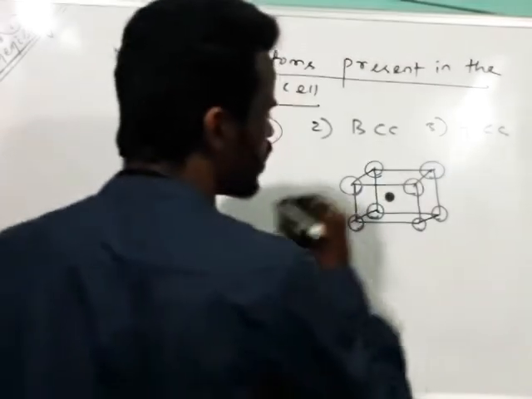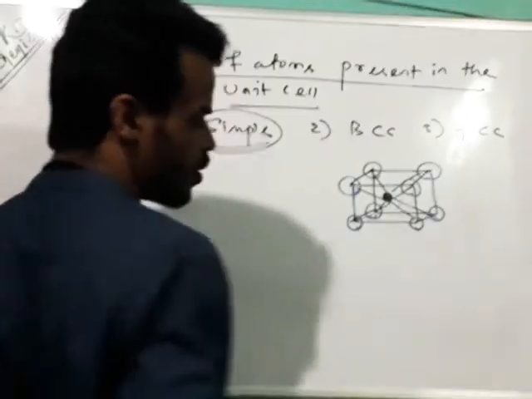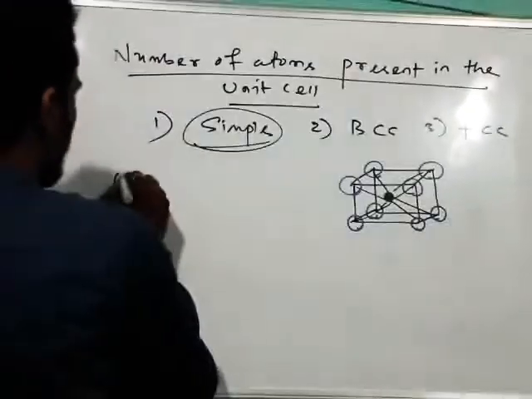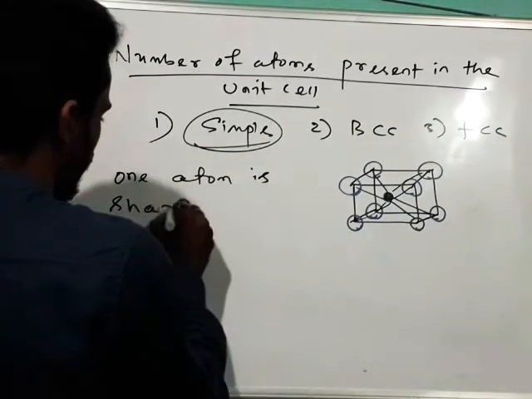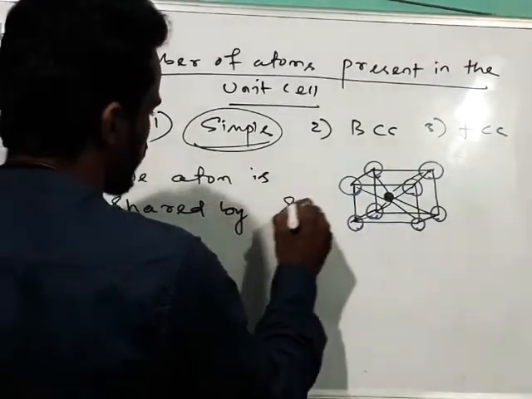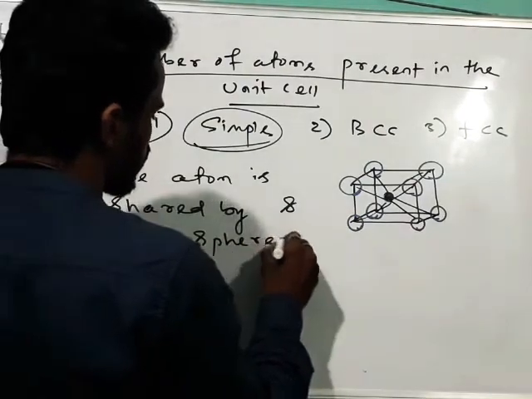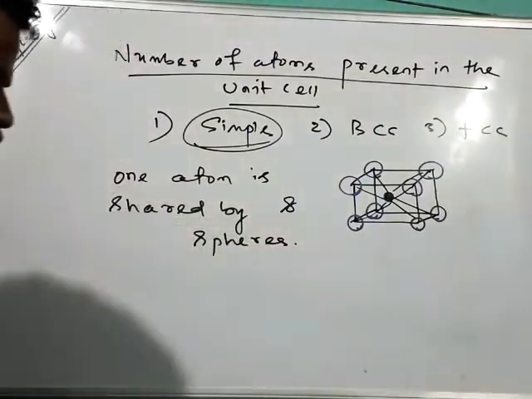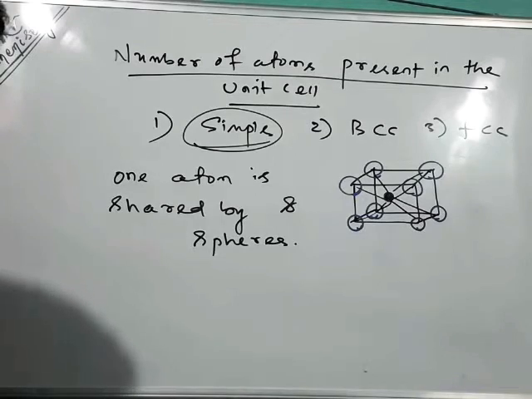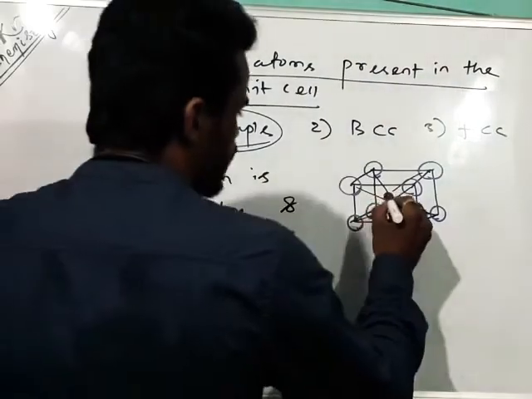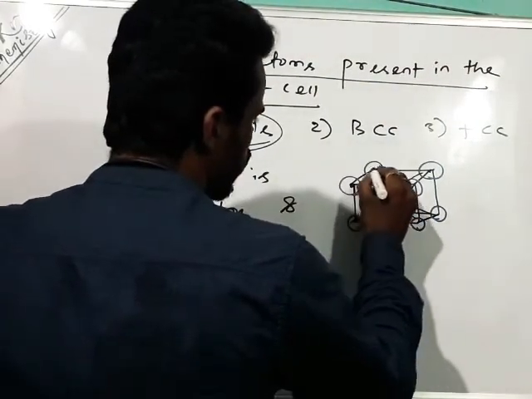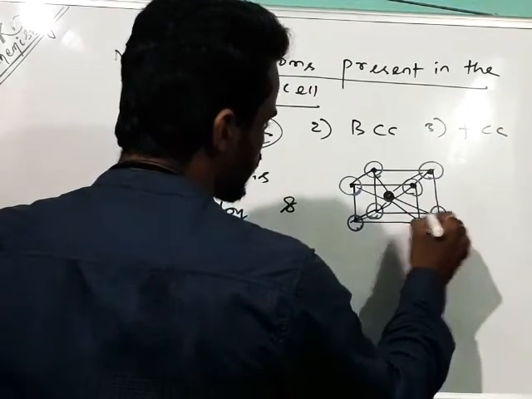In a simple cubic unit cell, this atom is surrounded by 8 spheres. Means we can write, one atom is shared by 8 spheres. So one atom is shared by 8 spheres, means this atom is surrounded by 8 corners of a simple cubic lattice.